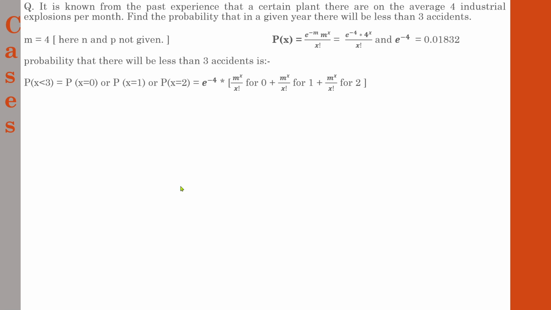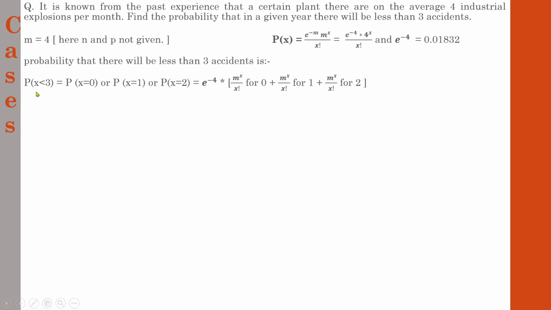So the situations are probability of x, the variable or the event under study, because we are asked to study the probability of the number of accidents being less than 3. It may be no accidents at all, or one accident, or two in the industry or factory, whatever it is.